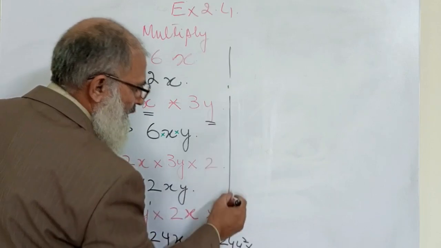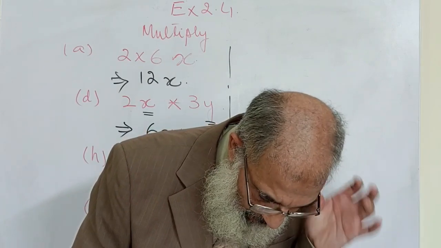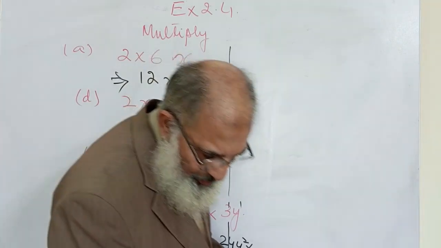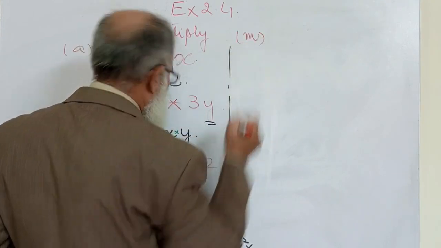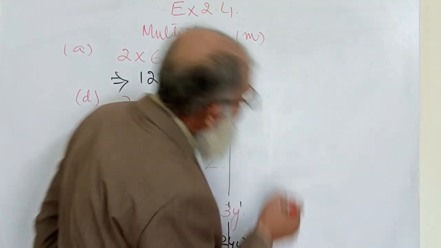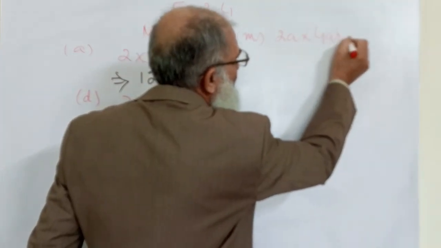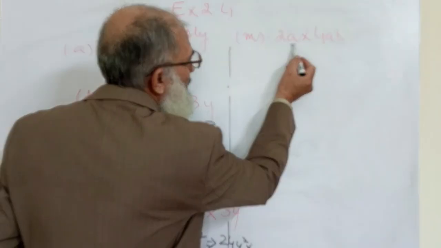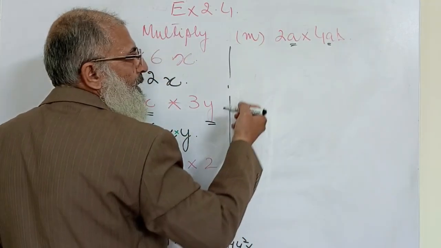Now let me write over here to avoid erasing the board. Part M is 2a multiplied by 4ab. Now again you see that what we have come up with is two similar bases or two similar variables.